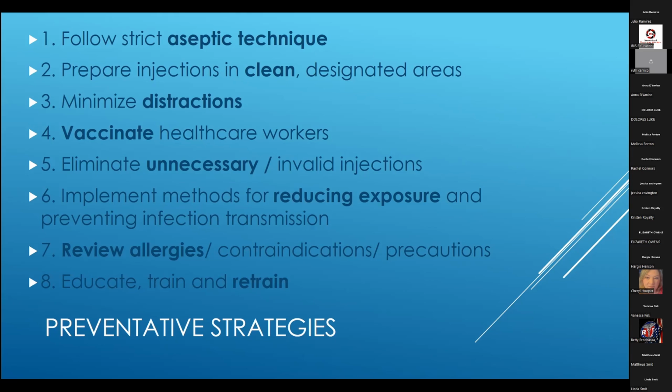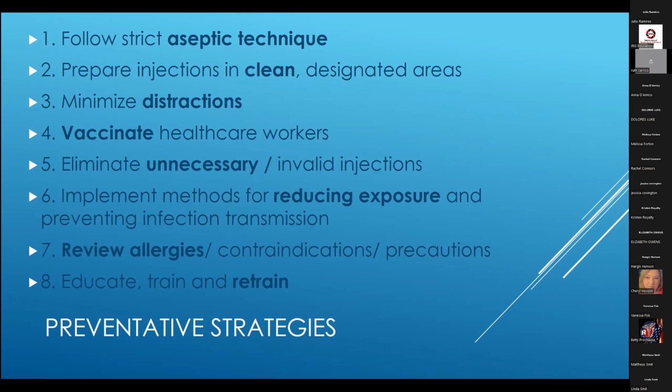And we don't want errors to occur. And if errors do occur, we want the person preparing vaccines to be able to catch these errors. So we want them not to be distracted by anything. So keep that away from patient care areas.